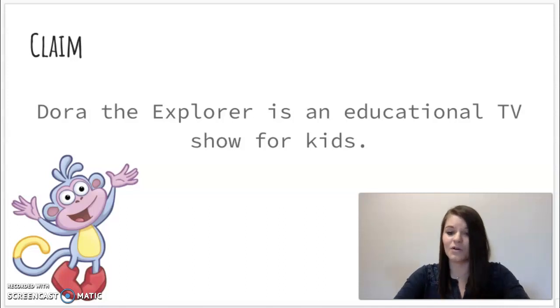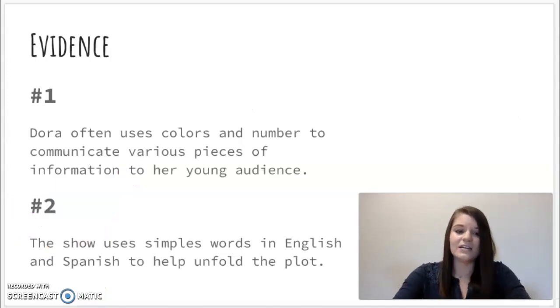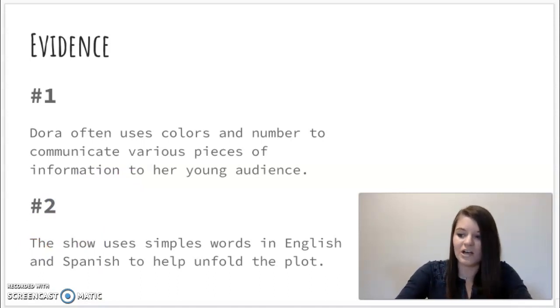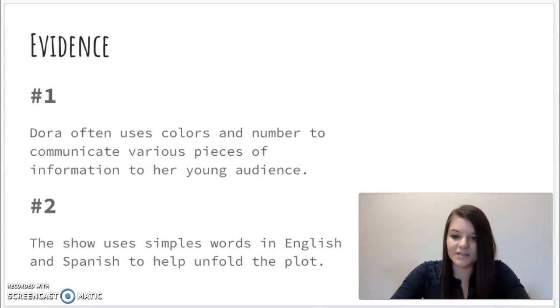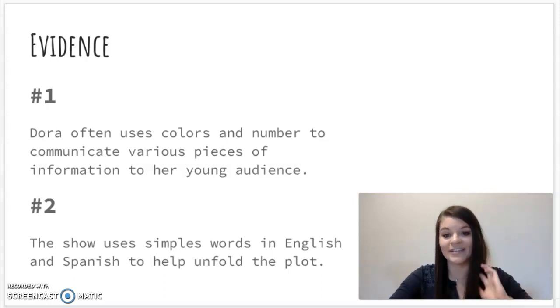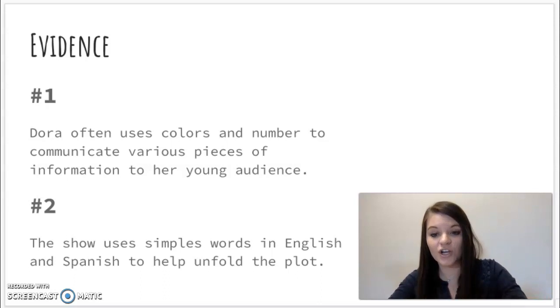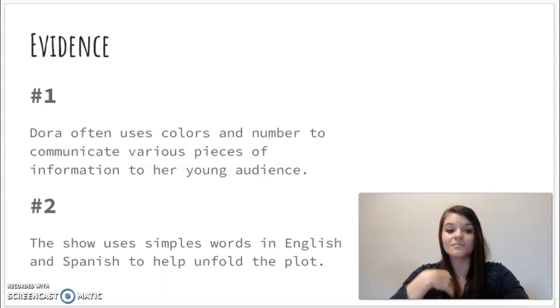All right. Next, we go for evidence. So you usually want to supply several pieces of evidence so your support is solid. It yields more credibility to your claim. The more evidence, the better. One data point of evidence probably won't do your claim justice. So we're going to go for 2 or more pieces of evidence. All right, so the first piece of evidence is that Dora often uses colors and numbers to communicate various pieces of information to her young audience.